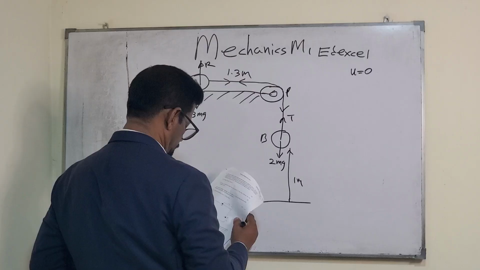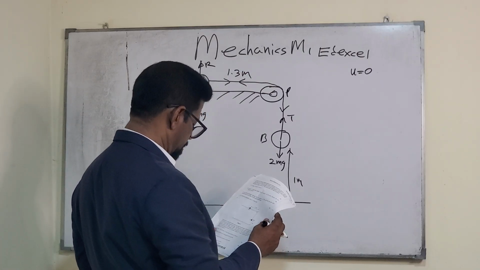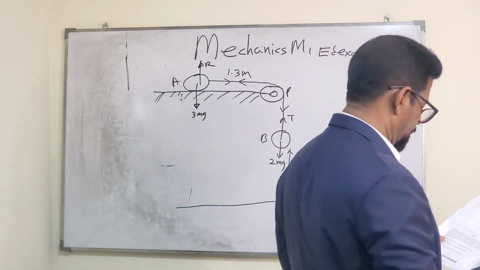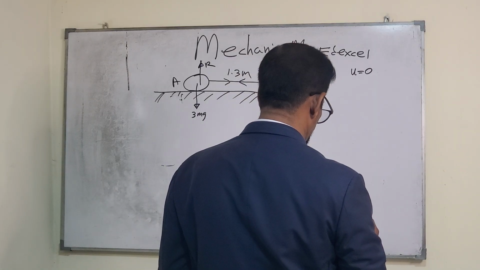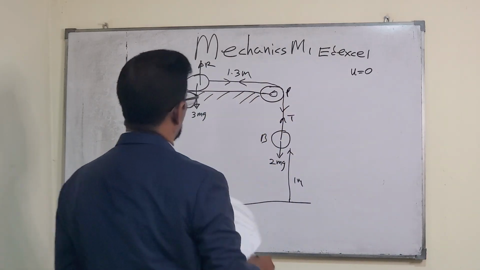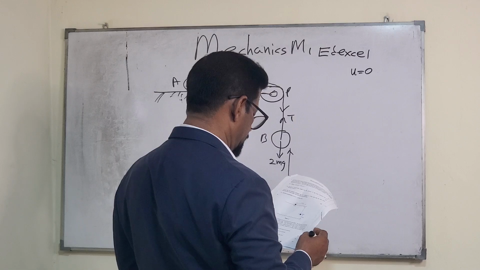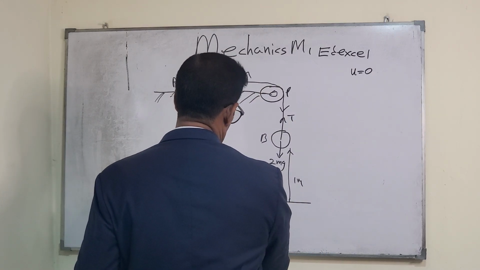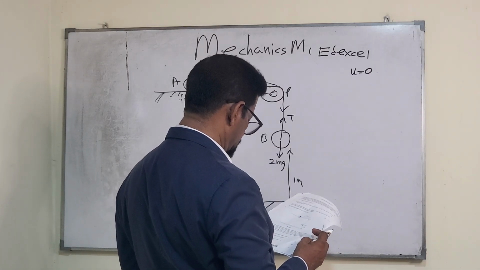Then, the system is released from rest with the string taut. A is 1.3 meters from P, and B is 1 meter above the horizontal floor, as shown in the figure.